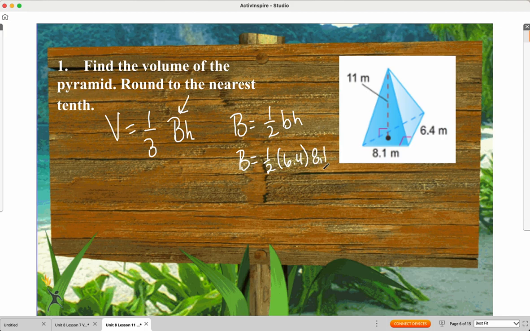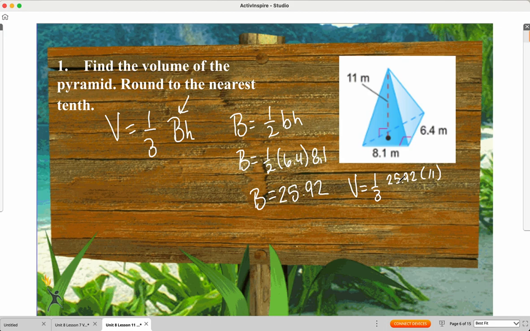Again, I'm just going to type that all in. 6 4/10 times 8 1/10 divided by 2. So I get a big B of 25 92 hundredths. So now I'm going to put it in my big formula. Volume equals 1/3 of 25 92 hundredths times 11.